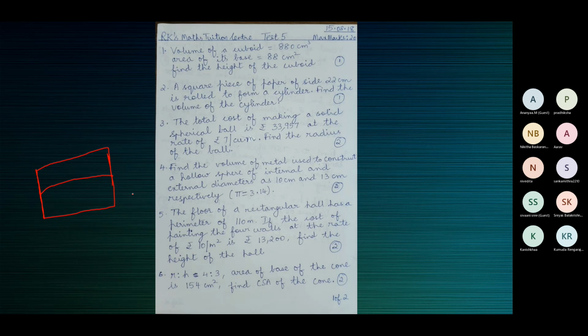When a square or rectangular piece of paper is rolled such that the opposite edges meet, a cylinder is formed which is open at both the ends.